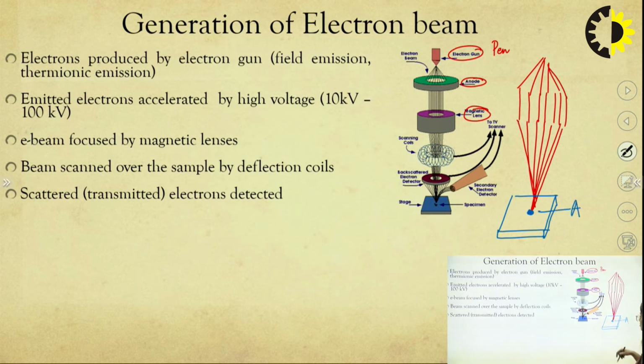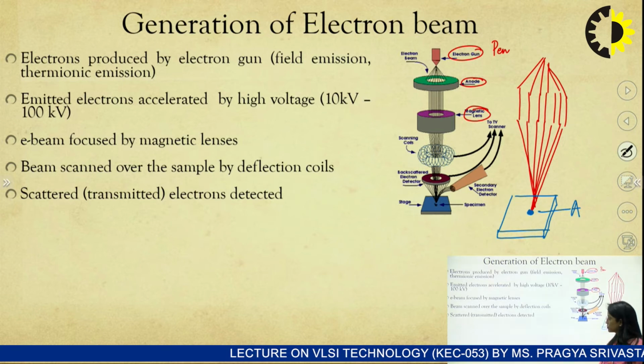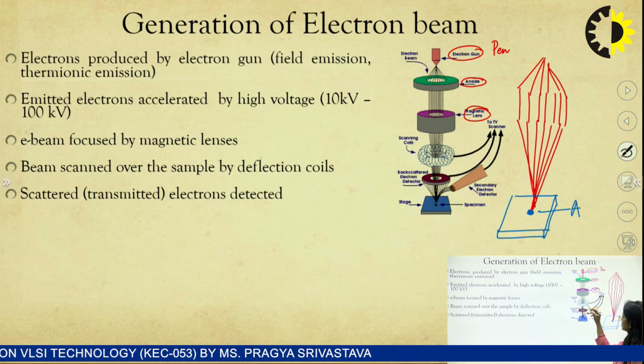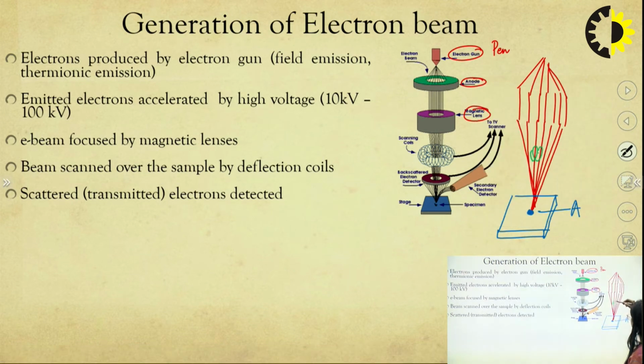So for this purpose, we are also using scanning coils. We can see in this diagram, these are the scanning coils. Scanning coils are nothing but they are helping us in converging only.